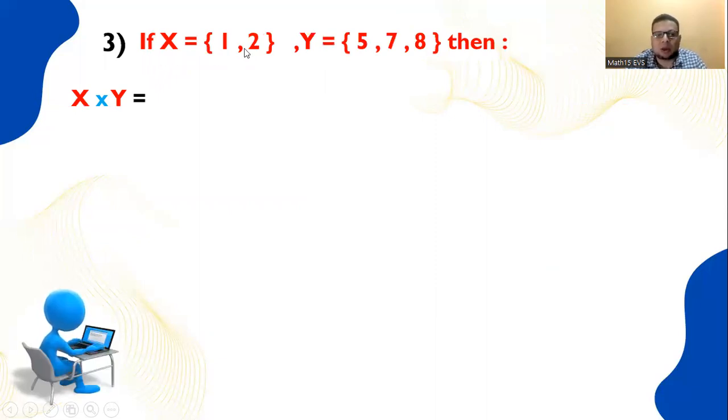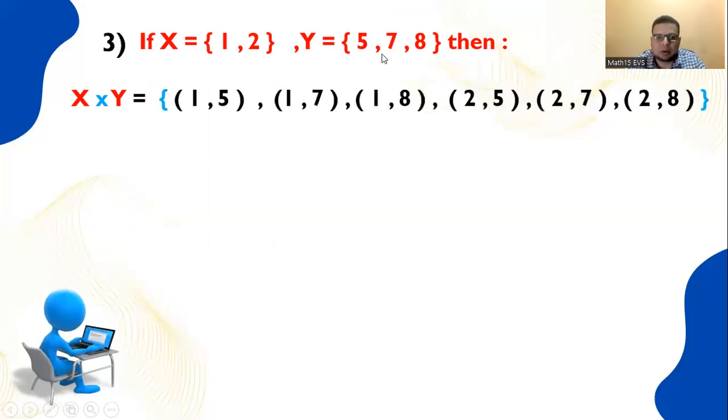If you have set x as 1 and 2, and set y as 5, 7, 8, then the product between set x and set y, you will distribute each element in x on each element in y: 1 and 5, 1 and 7, 1 and 8, 2 and 5, 2 and 7, 2 and 8.